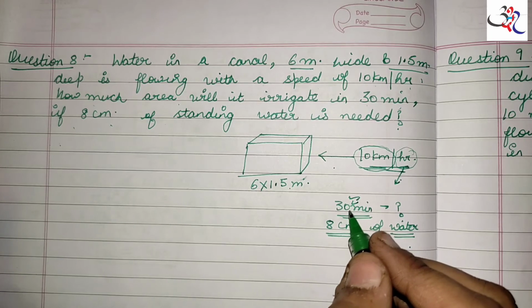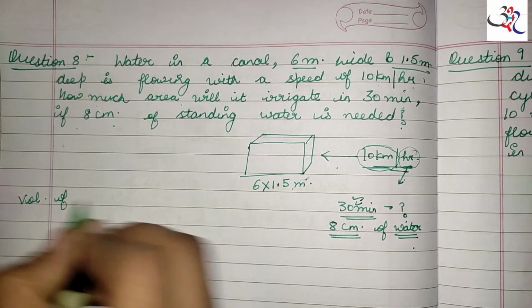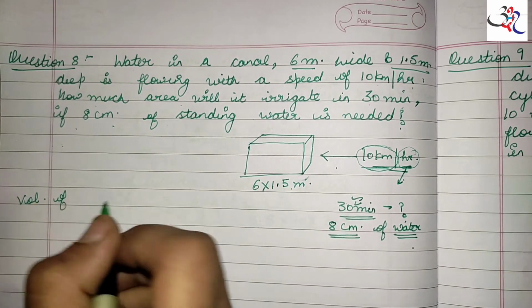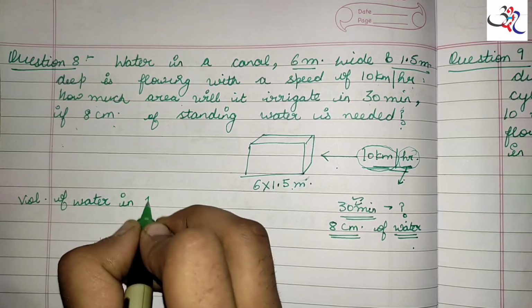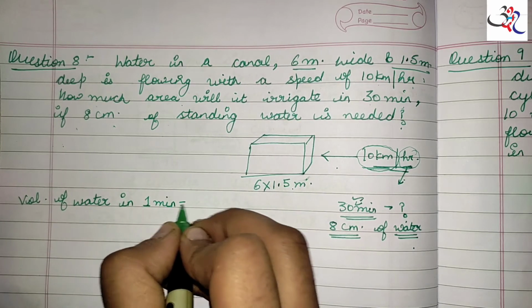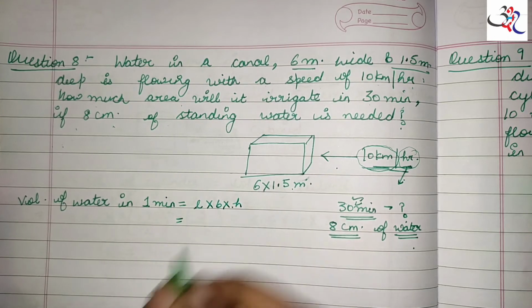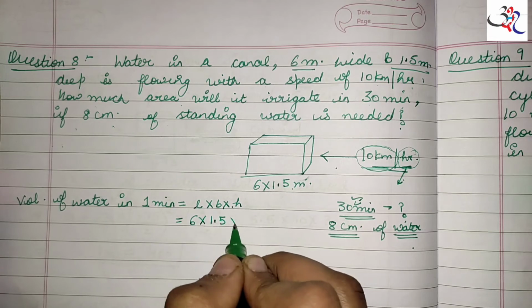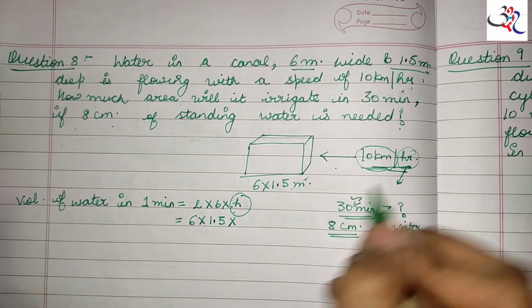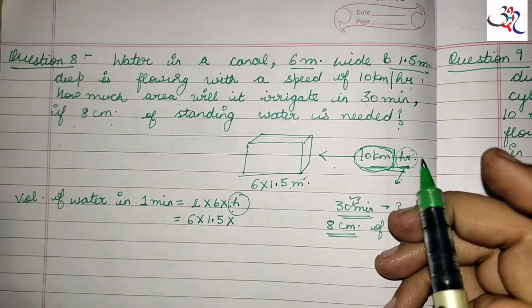Okay, so let's first find out how much is the volume of the water in 30 minutes. To find that, we find the volume of the water in 1 minute. Volume of the water for the cuboid is given by length into breadth into height. So this is 6 into 1.5 into height. Height is the water, because in 1 hour this much height of water will be filled.